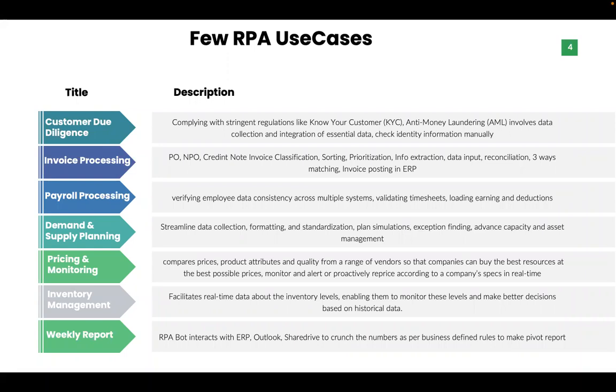RPA is also mature nowadays. Not only UiPath, but other RPA vendors have backend connectors where the robot does not have to scan the front-end user interface screen, but can fetch or write the data directly from the backend without even logging into the application from the front end.